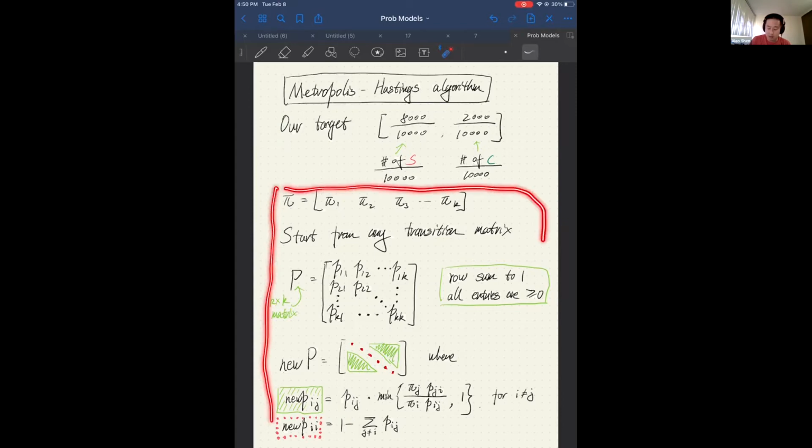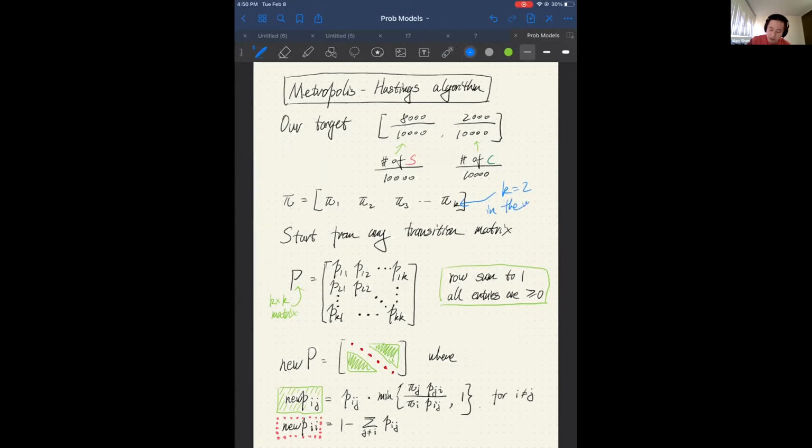So let me explain the formula here. I also want to write this formula in somewhat of a general setting. So in our case here, you can imagine the index K is 2 in the weather model. But instead of 2 here, I want to give the general formula.